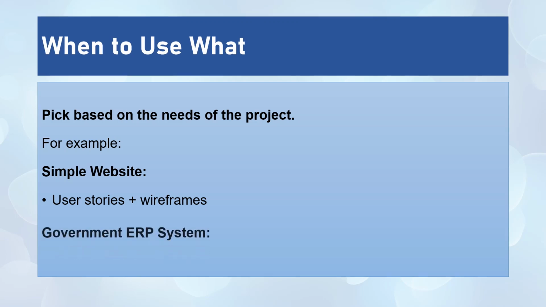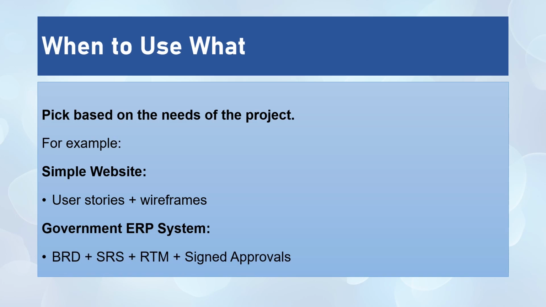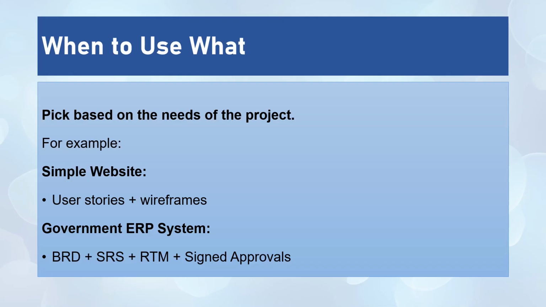But if it is a complex project, maybe like a government project, then you want extensive documentation. So in that situation, you would be thinking about the business requirements document, perhaps the software requirements specification, the requirements traceability matrix, and you want to also ensure that you have signed approvals for that kind of project. So as a business analyst, you need to know what is needed when.